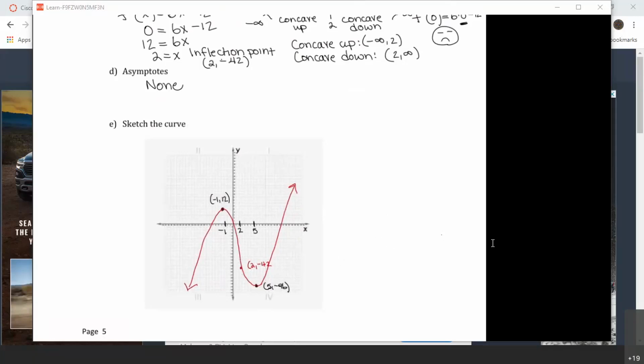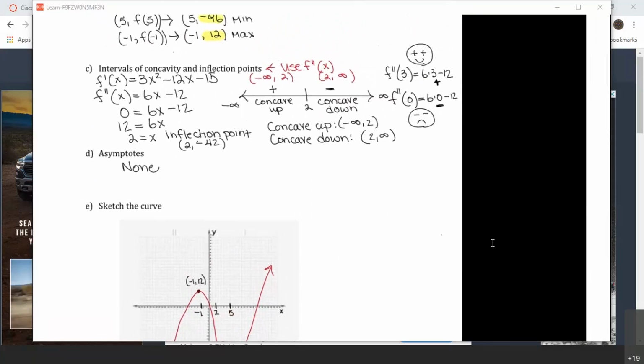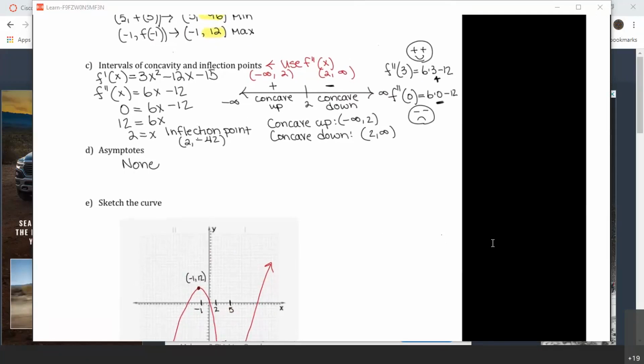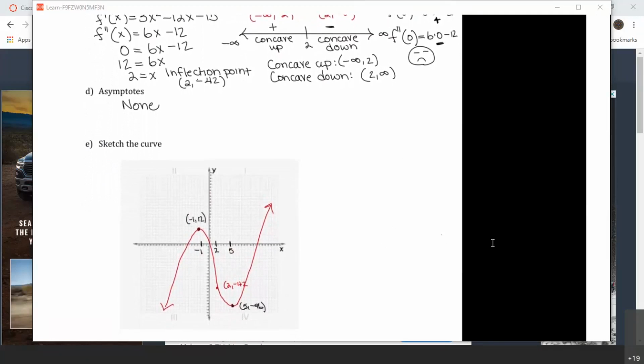Questions on this? When you were testing the inflection point, when you used 3, shouldn't that have been... when you graphed it, you graphed it from concave down to concave up, but right here you wrote concave up to concave down from negative infinity to 2.